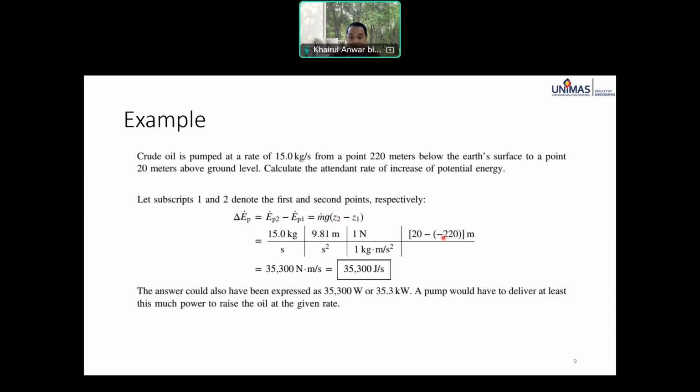Z2 is 20, and Z1 is negative. So EP equals 15 kg per second, with unit conversion, times Z2 minus Z1. Since Z1 is negative, we have 240 overall. The rate of EP is 1200 joule per second.